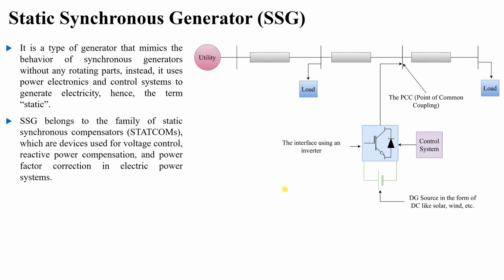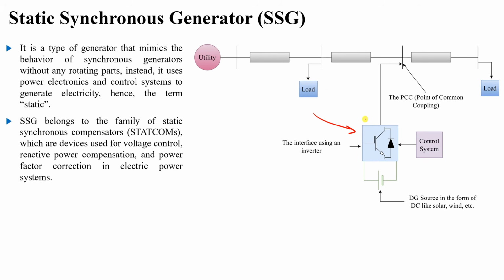So I hope you now get why it's called a static synchronous generator. This type belongs to the family of static synchronous compensators, STATCOMs, if you have ever heard about them. They are used in transmission systems for voltage control, reactive power compensation, and power factor correction. All of these functions can also be achieved here in this inverter by controlling its switching pulses.